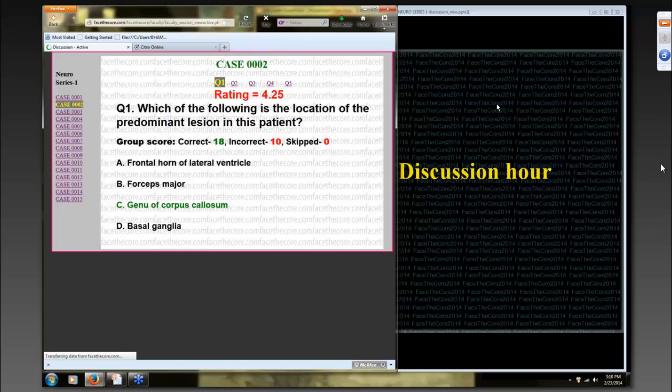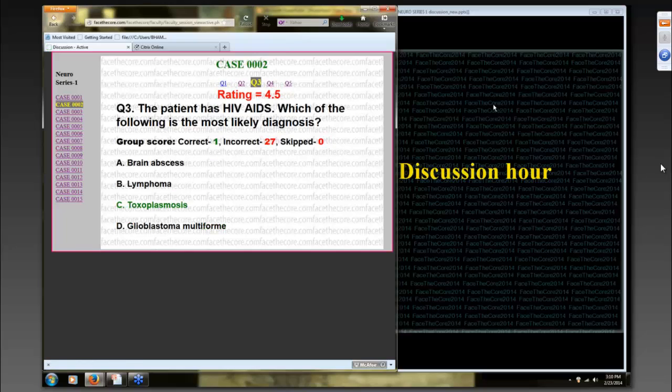Okay. Case 2, question 3. Would you see the same findings in GBM as well? Yes. The 3 important differentials whenever you see a butterfly lesion with non-homogeneous enhancement, with cystic lesions and even with bleeds, will be GBM, toxo, lymphoma.